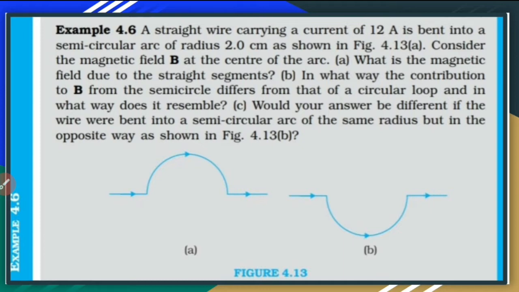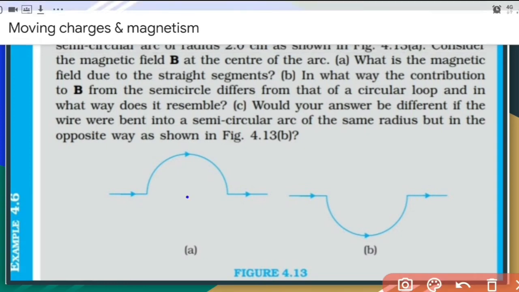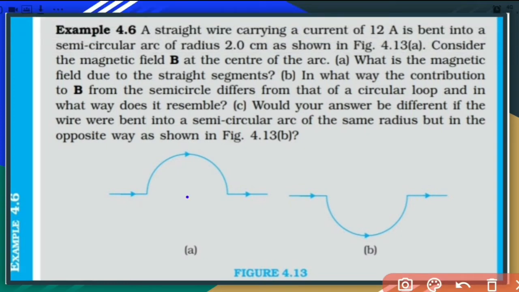So the answer to the first question: we are asked to find the contribution towards the magnetic field at the center. At the center of the circular loop, we need to find the magnetic field due to the straight portion. When we use Biot-Savart law, we have a term I dl cross r.